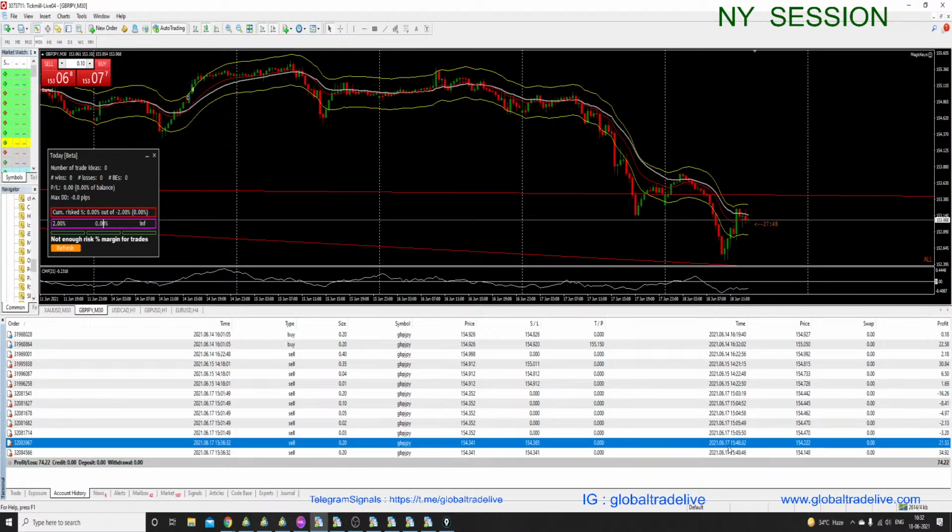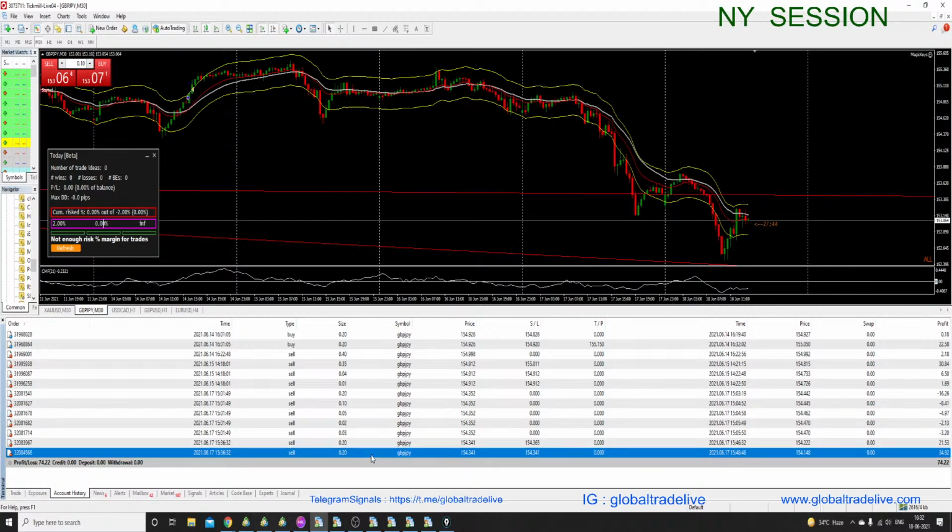So look, I closed this trade around 11 pips, and this trade I closed at, you can say, 16-17 pips. I think 17-18 pips was there in this trade. So this was the whole week. So let's just count the trades.